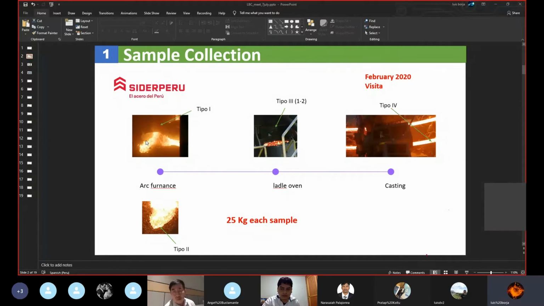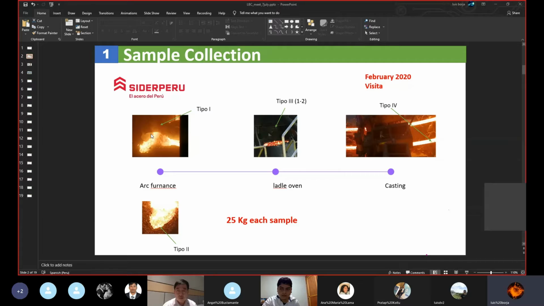So in the arc furnace, they fill the arc by voltaic arc and try to melt all the steel trash. During this process, it generates 2 types of samples.